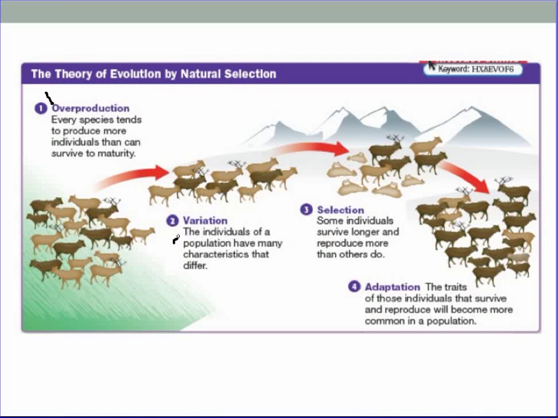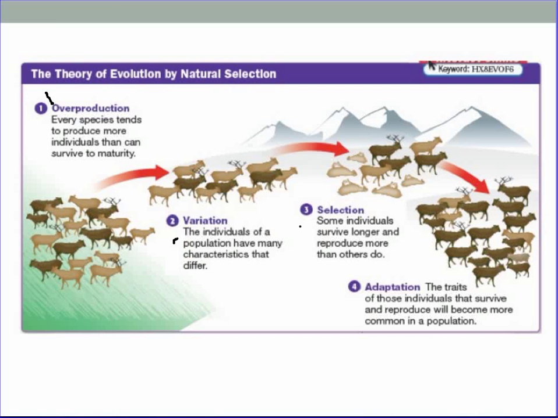The second step is variation. Among those that are produced, there is variation. The individuals of a population have different characteristics, and as you can see here among these elk, they're different colors. Or perhaps they have different fur thicknesses.